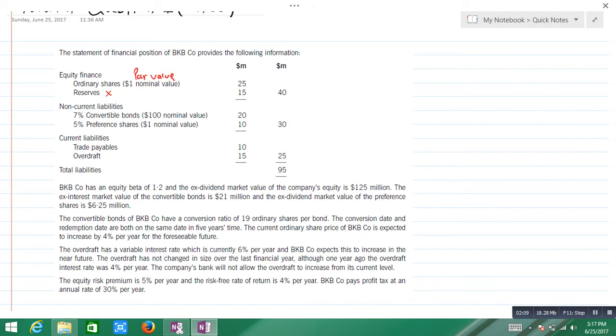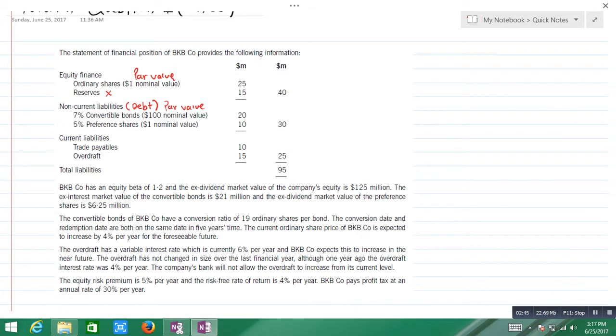Next information: non-current liabilities, which is your, can I say this, debt? Okay, that's your debt. We have 7% convertible bonds, $100 nominal value, which is your par value as well. Don't forget. And then we have preference share, $1 par value.